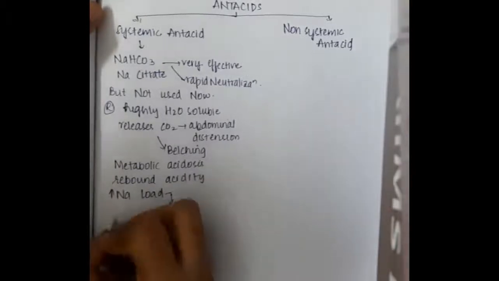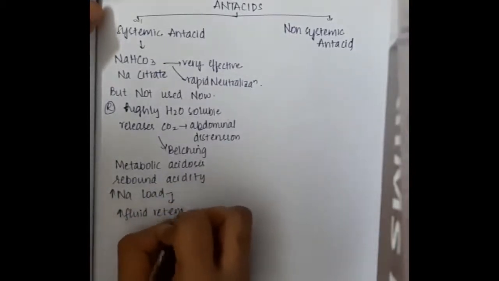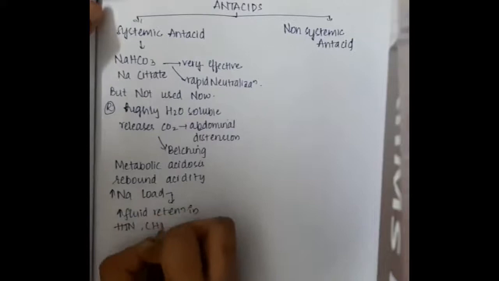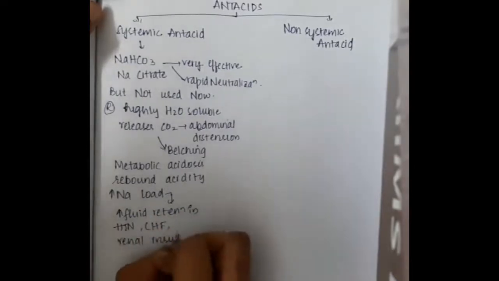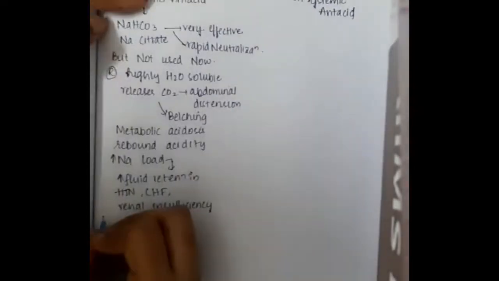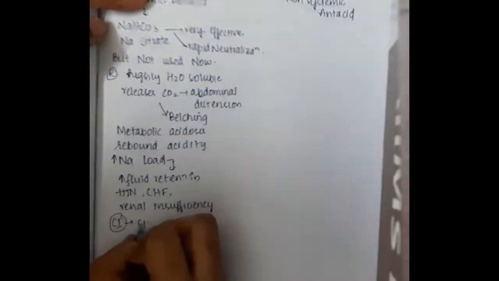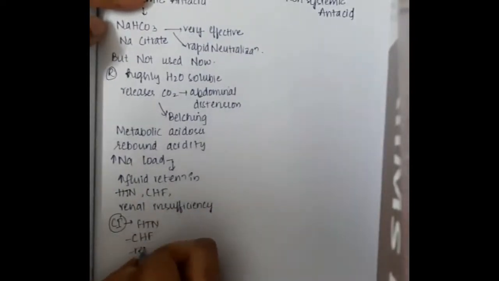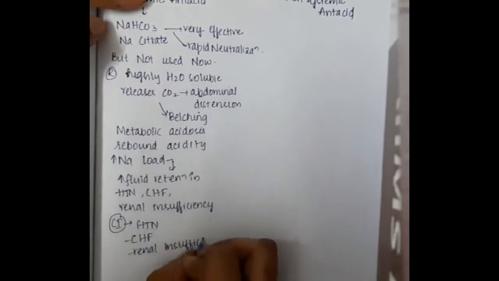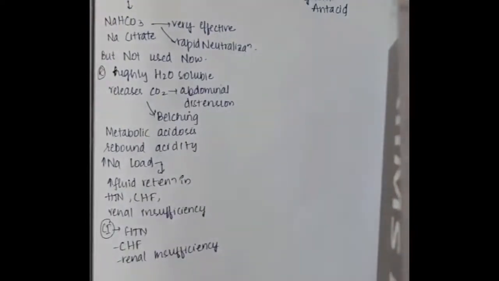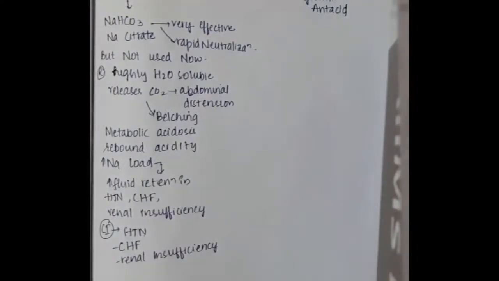Whenever there is increased sodium load, this increases fluid retention, especially in hypertension, congestive heart failure and renal insufficiency, which will worsen these disorders. So they are contraindicated in hypertension, congestive heart failure and renal insufficiency.